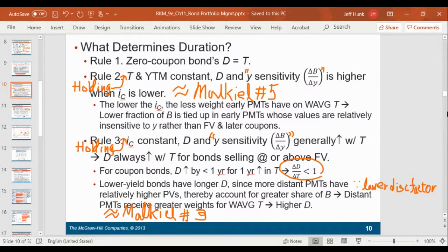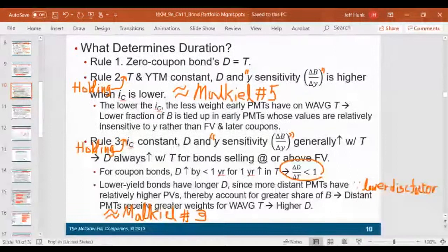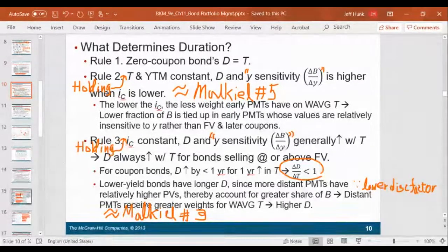And then when interest rate changes, it would fluctuate. This makes bond price fluctuate more. The present value of the bond fluctuates more than with a higher coupon, because the lower the coupon rate, the less weight early payments have on the weighted average of time periods.